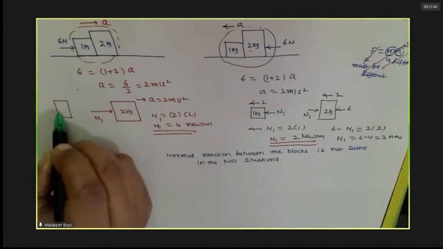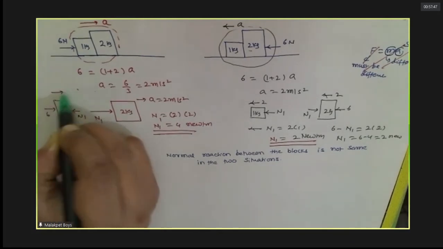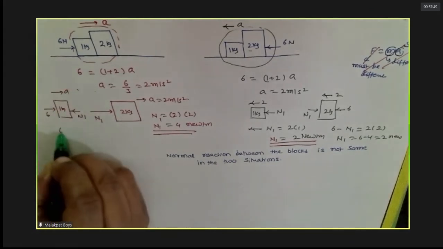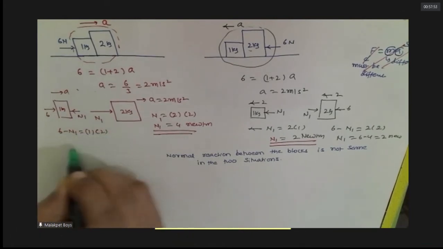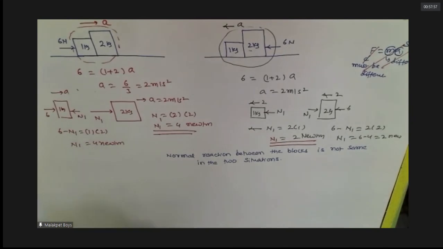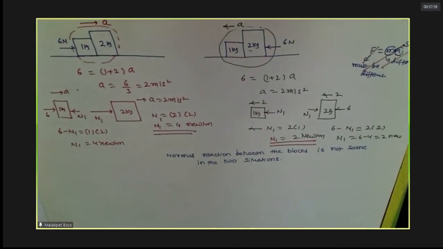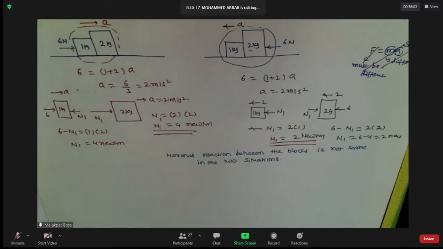If you want to take that also, you will get the same thing. You want me to do this? 6 minus N1 equals 1 into A. Agreed? Clear?